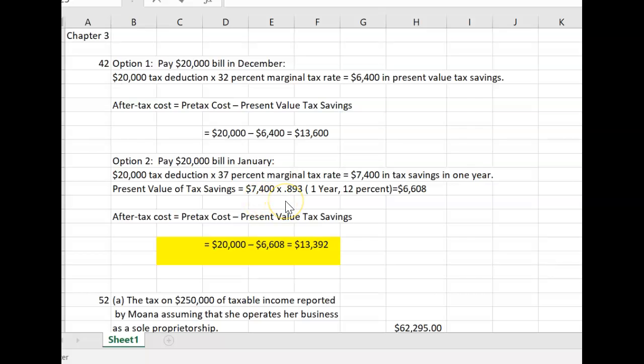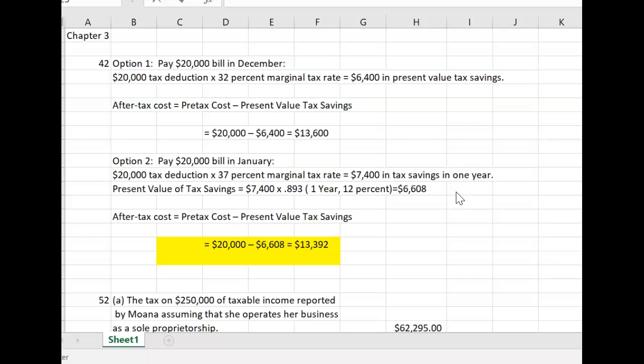7,400 times 0.893, which is for 1 year at 12%, is $6,608. We have to bring it to the current year because we're comparing it to the current year amount we calculated in option 1.